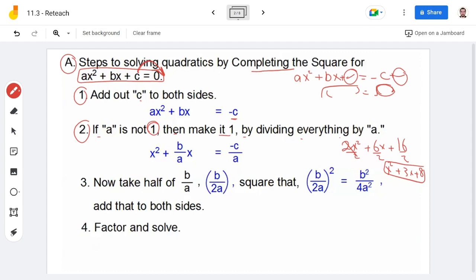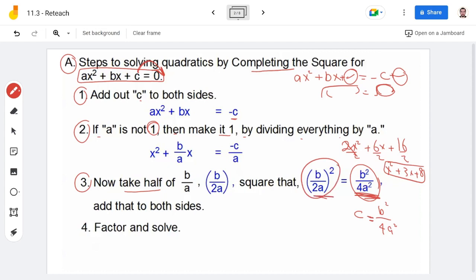Then, after that, you take half of b over a, squared, which means we need to find c by using the rule: c is equal to b squared over 4a squared. Some students ask me, teacher, do I use this formula or this formula?